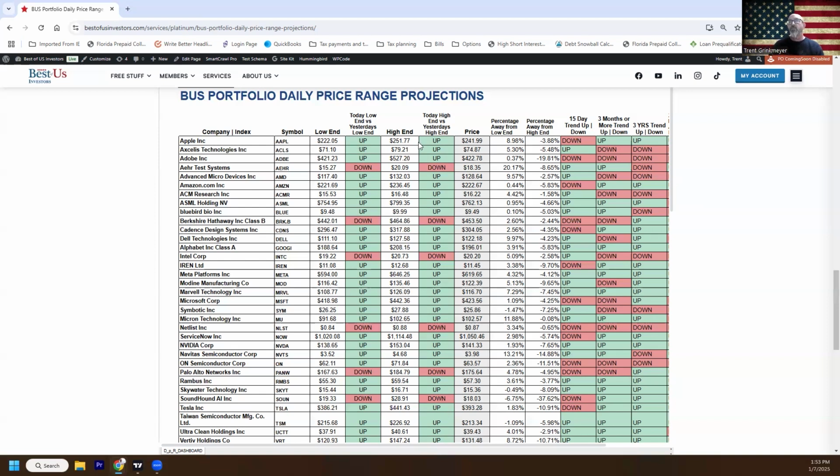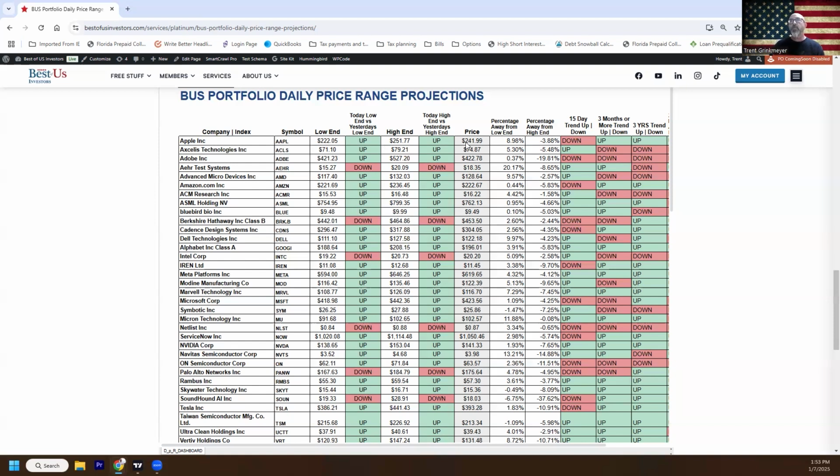The high end is at 251.77, which is a higher high, which is positive. So that gives me a little bit more confidence that the stock price today at $241.99 is getting closer to the low end and possibly will be making a move higher in the near future.